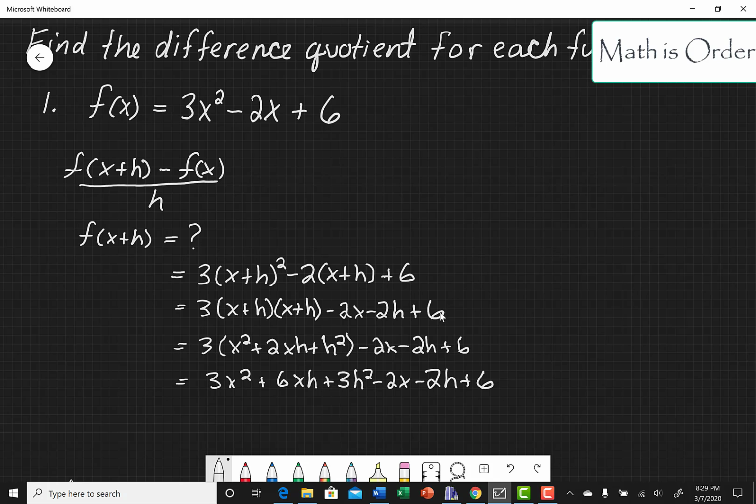All right, so now we found f of x plus h, and all we do now is substitute this back into this difference quotient.